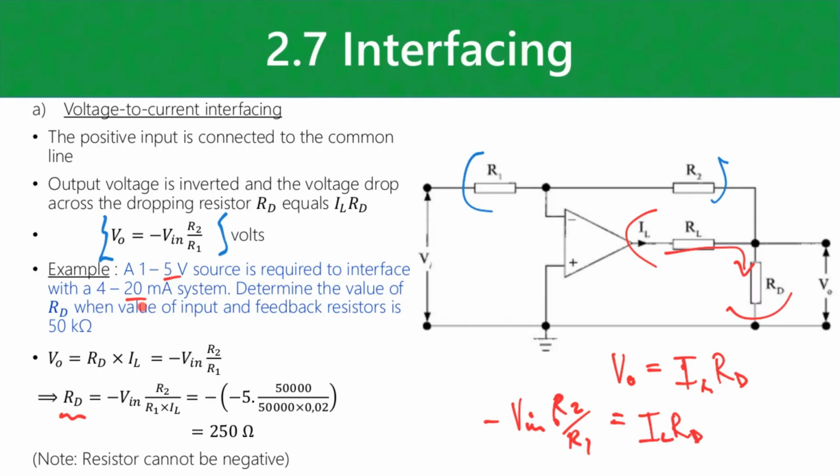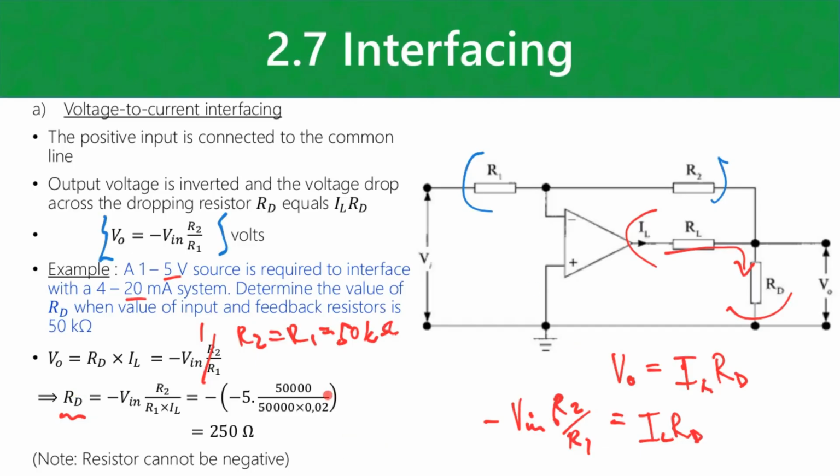And we're told that the input and feedback resistors, so R2 and R1, are both 50 kilo ohms. That actually simplifies the calculation a little bit, so that ratio just becomes 1. In the example here, it is kind of excessive to keep those two resistors in there, but just for demonstration purposes, that is what we have.